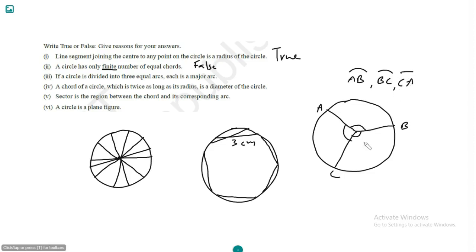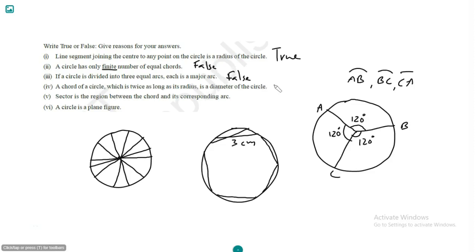And this angle will each be 120 degrees because the three angles together should add up to 360 degrees, right? So each arc is only 120 degrees, which is less than a diameter because a diameter will subtend 180 degrees at the center. And each arc is going to be less than a semicircle. So they are all going to be minor arcs. So this is false.